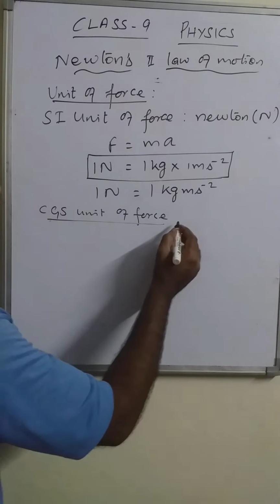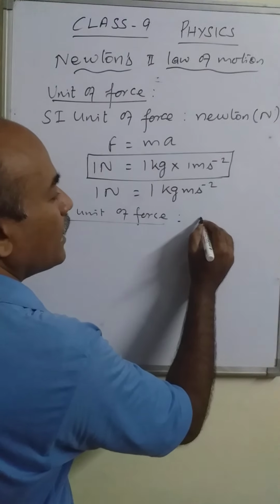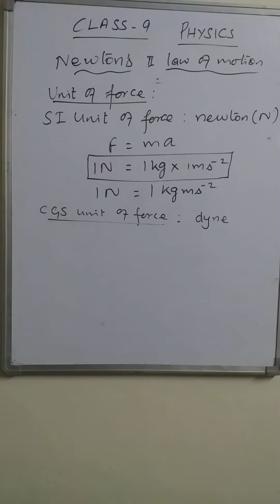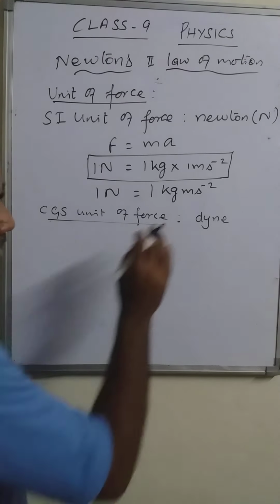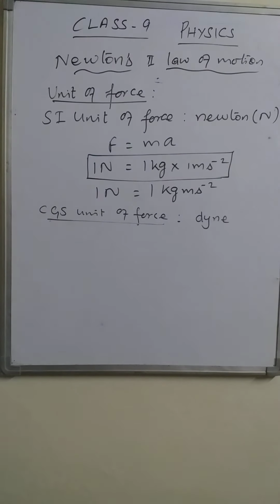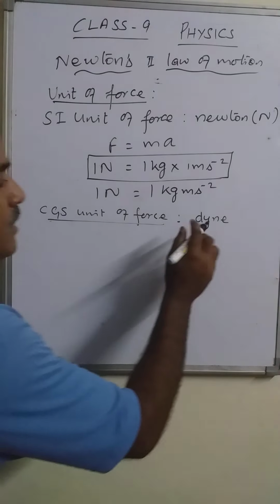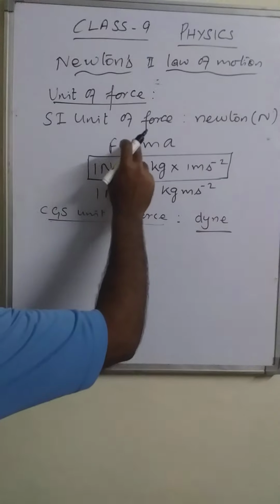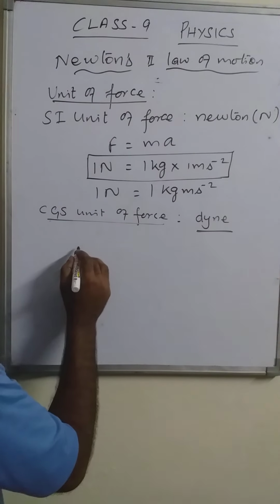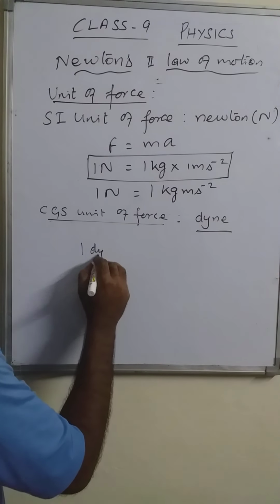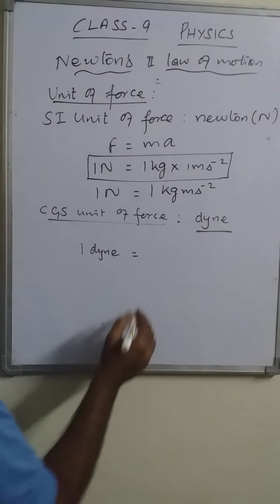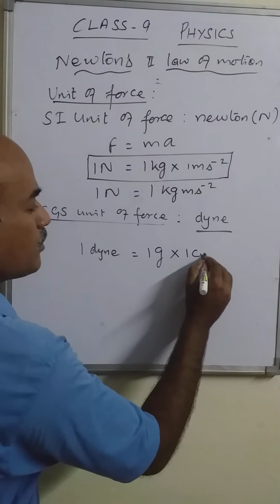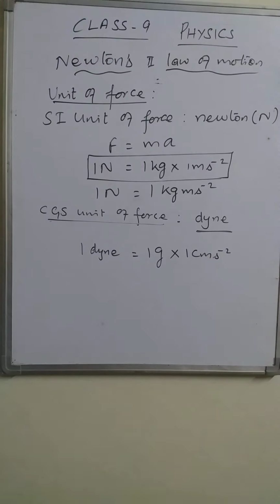The CGS unit of force is dyne, D-Y-N-E. Symbolically it is also written the same. So that is the CGS unit of force. By using this formula, 1 dyne force is equal to 1 gram mass and the acceleration produced is 1 centimeter per second square.